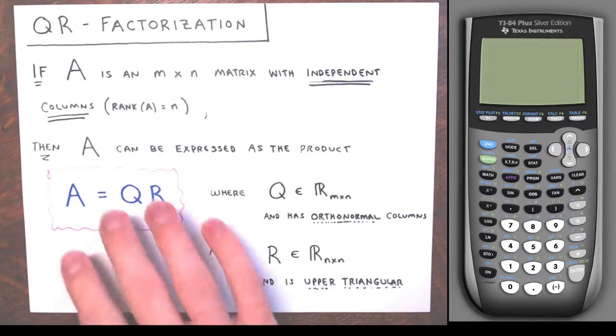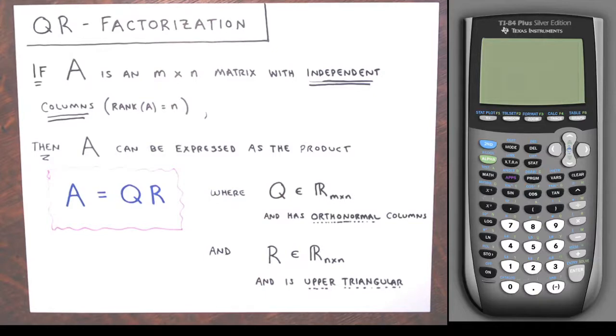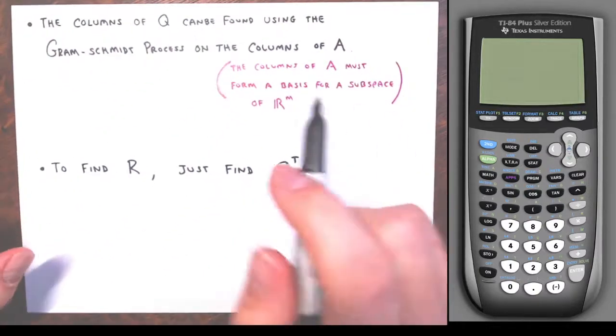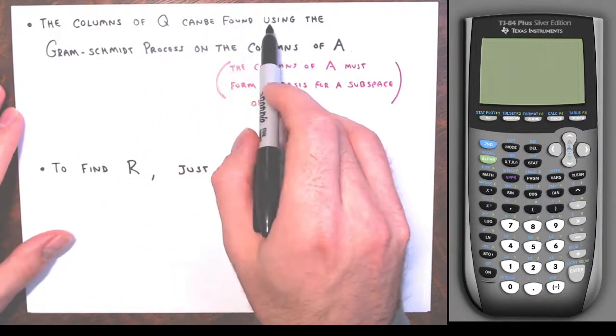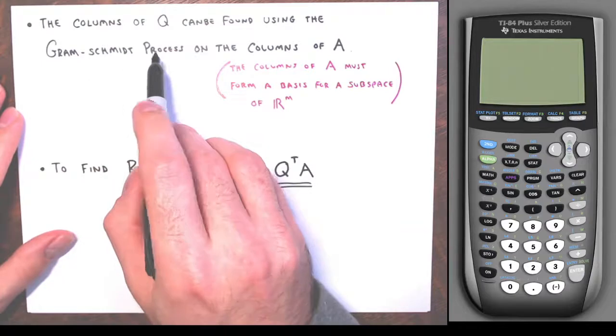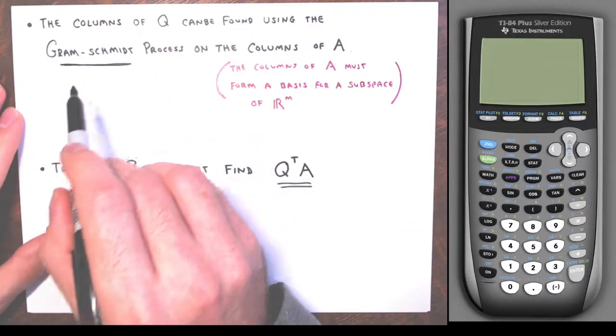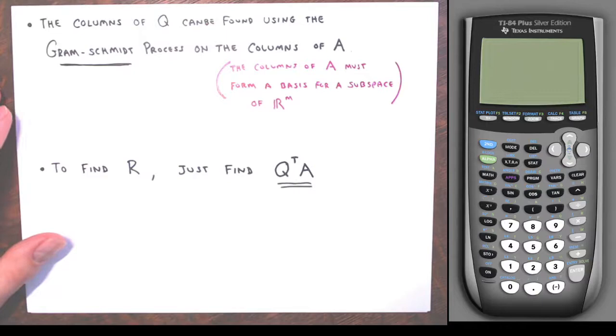So how do we go about finding this matrix Q and matrix R? The columns of matrix Q can be found using the Gram-Schmidt process. Remember the Gram-Schmidt procedure for taking a set of n independent vectors and creating an orthogonal set, and after that you can normalize the vectors to create an orthonormal set of n independent vectors.